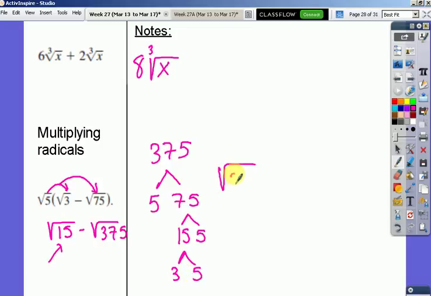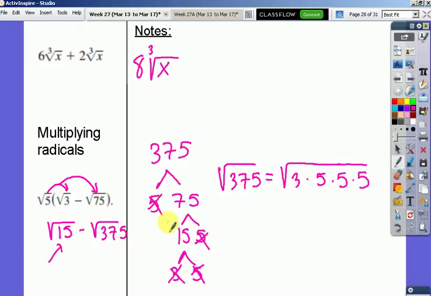I have the root 75, 375. That equals, with my product of times, 3 times 5 times 5. 3 times 5 times 5 times 5. Okay, so this simplifies to what?